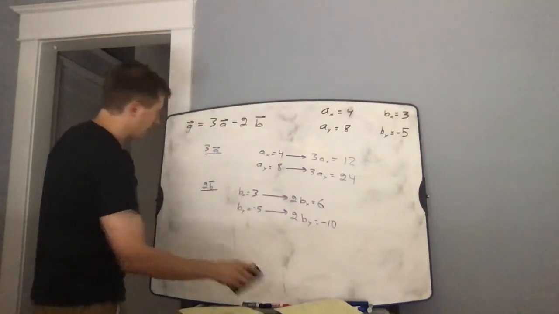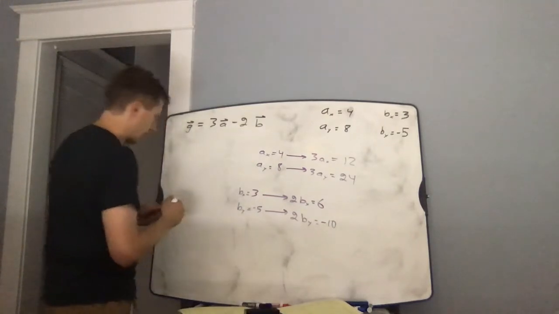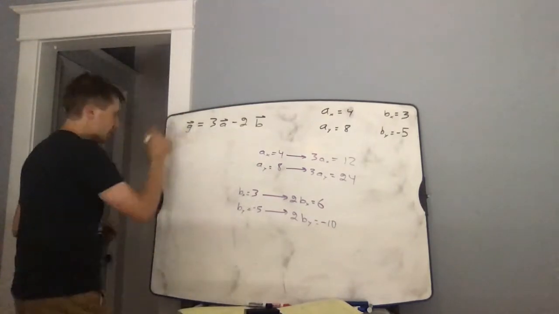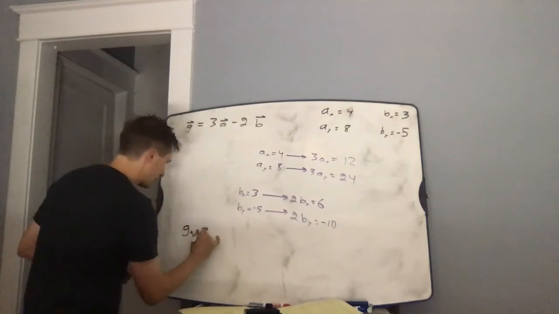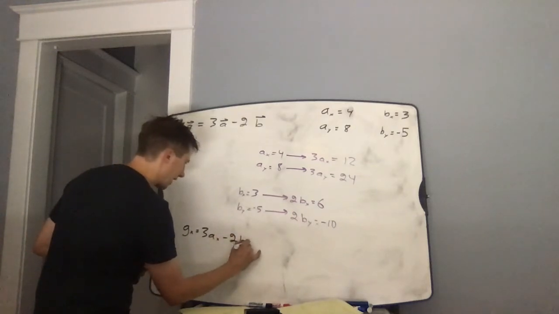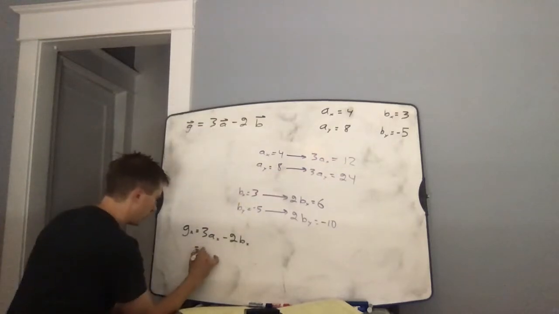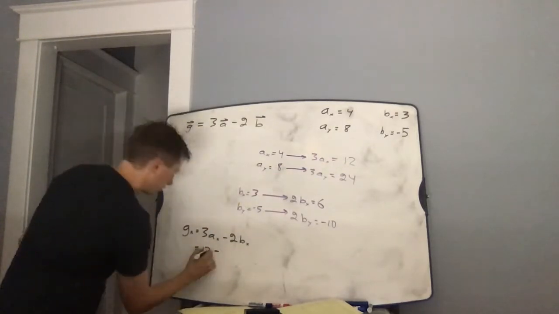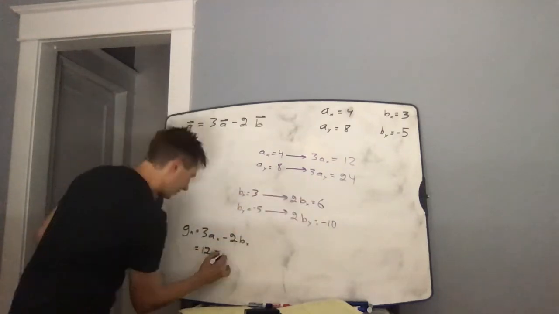So at this point, I could take these numbers and insert them in here. So I could think of gx as being 3ax minus 2bx. So 3ax, we said, is 12, minus 2bx, which is 6.